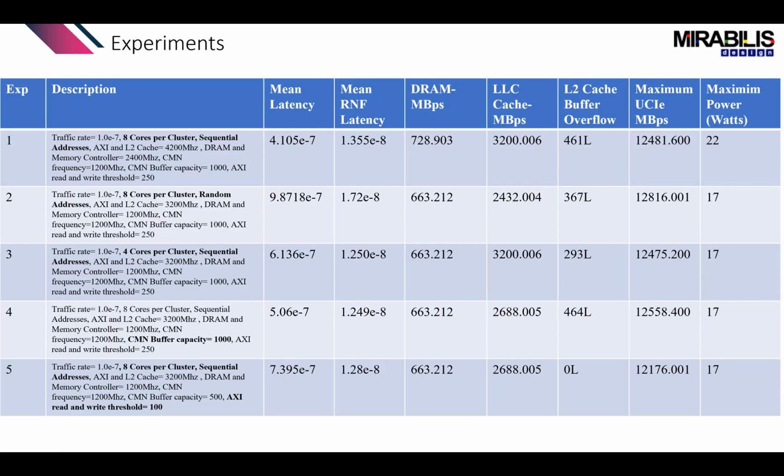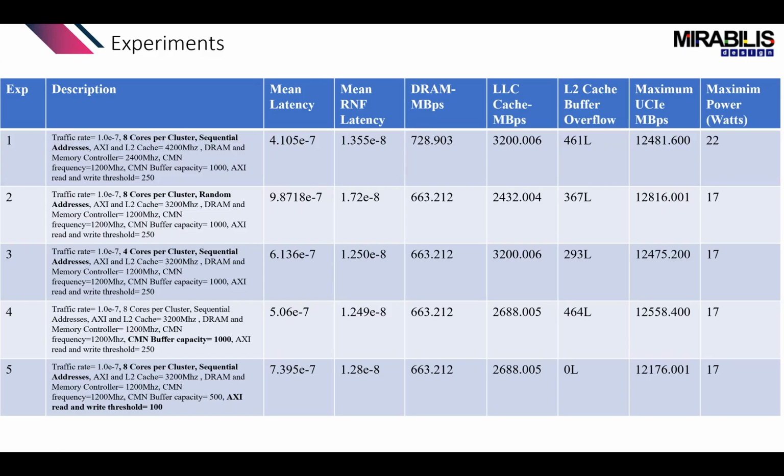If you notice in this particular case, except for the first one, everything else pretty much consumes the same amount of power. The first one does consume substantially more power, almost 30% higher than the rest of the system. Of course, the mean latency is much lower, and the DRAM bandwidth is also much higher.